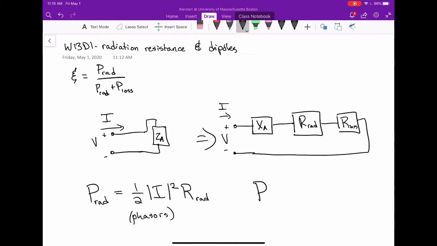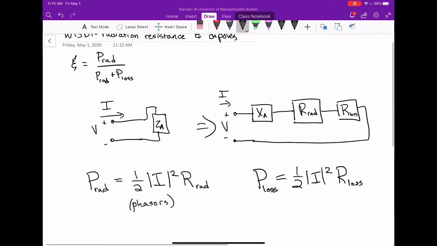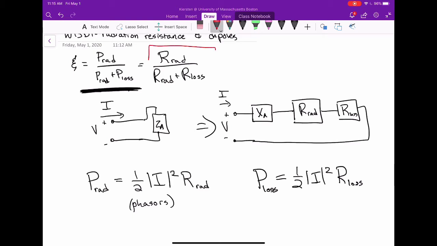And the power dissipated as heat in the antenna, the power that's lost, is 1/2 I squared times R loss, which means that now we can write the efficiency in terms of those resistances, not as those powers. And that's great because now it doesn't depend on the current or voltage that's applied to the antenna. The efficiency in this expression is an intrinsic property of the antenna, not dependent on however it's being excited.